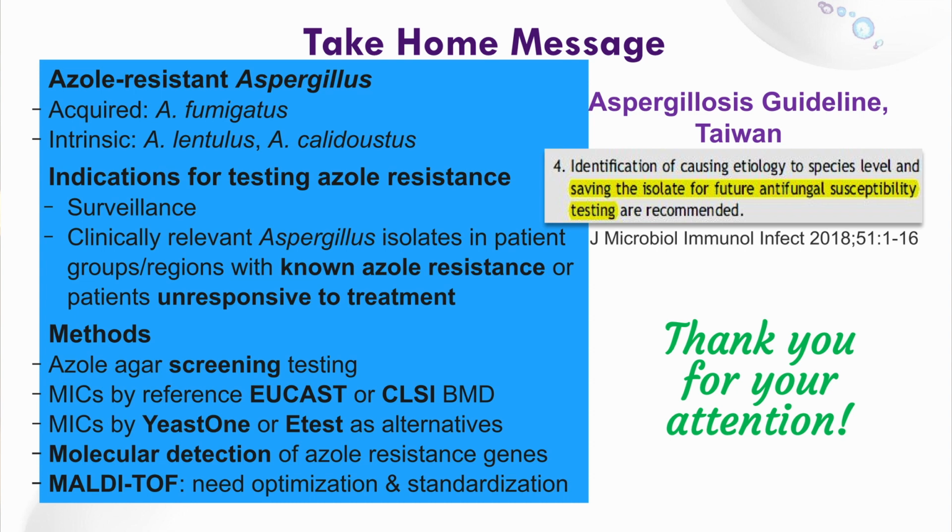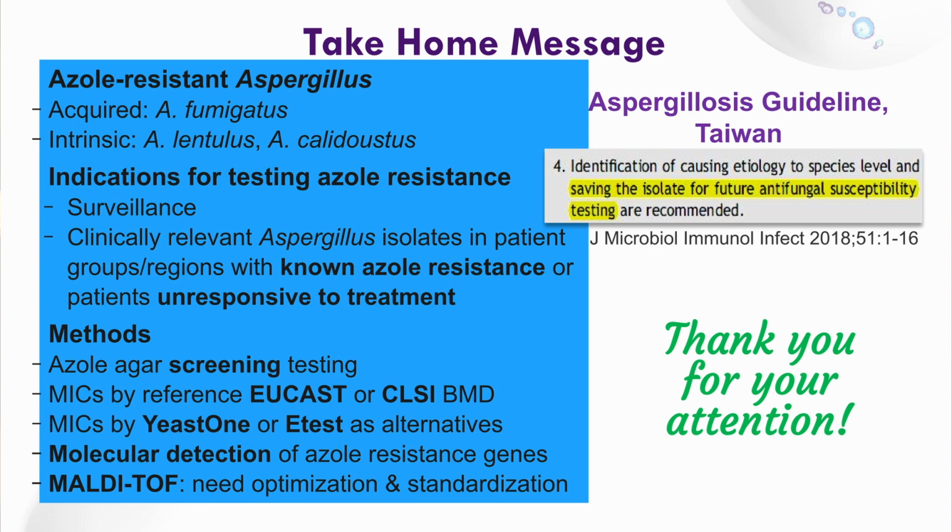Methods for susceptibility testing include the azole agar screening test first, followed by reference MIC testing using EUCAST or CLSI methods, or alternatively by Etest or other methods. We can also use molecular detection of azole-resistance genes, and commercial assays are available. MALDI-TOF has the potential to detect azole resistance, but still needs optimization and standardization.